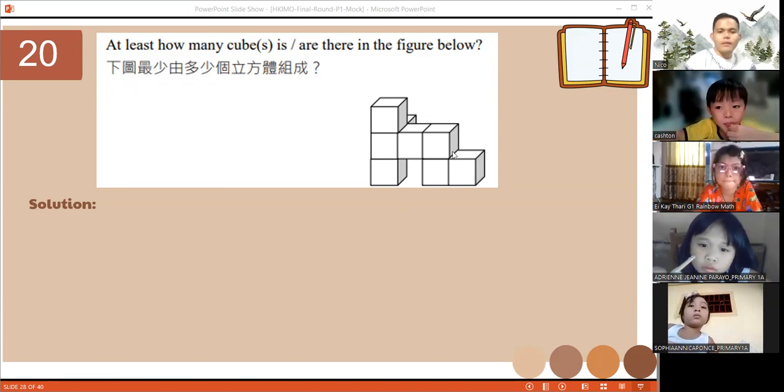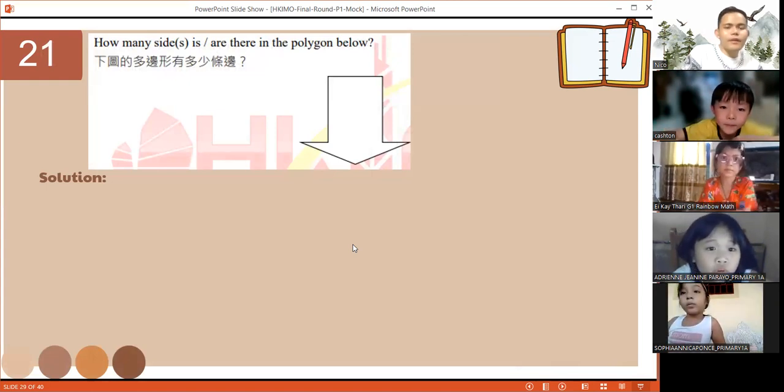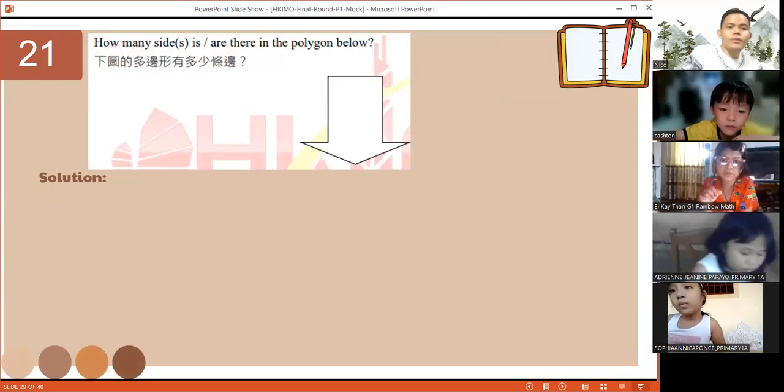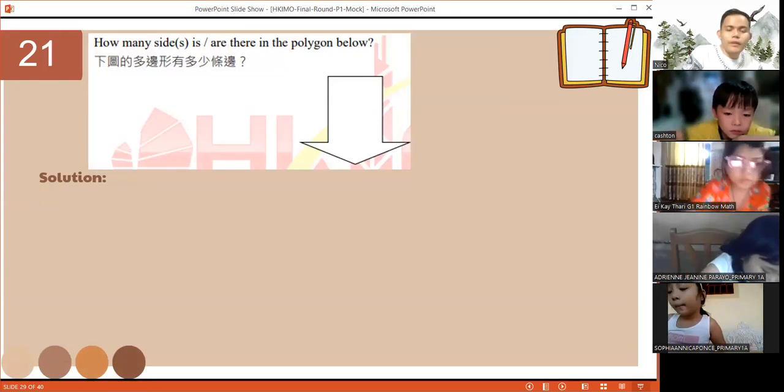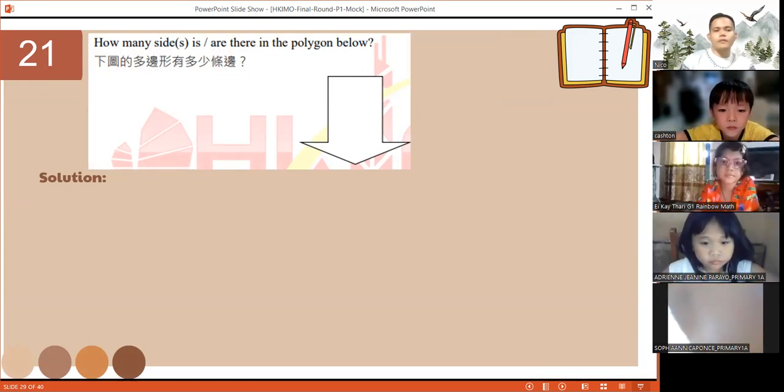Okay, let's have number 21. How many sides are there in the polygon below? So there's a polygon and then you need to know how many sides are there, right? So what are sides? It's the straight line, no?